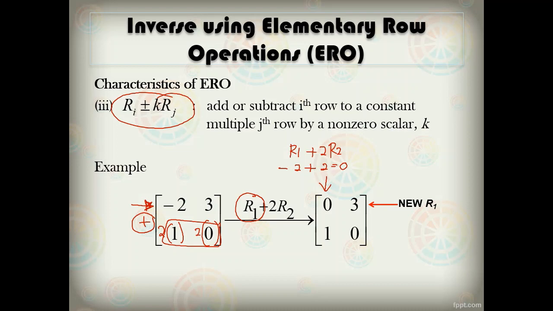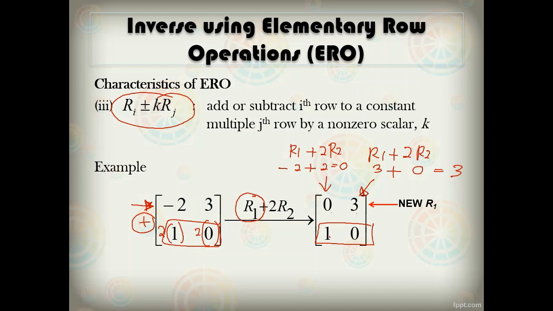This one is the product of row 1, which is 3, plus 2 of row 2, which is 2 multiplied by 0 is 0, so you get 3. So we write it as 0, 3, and row 2 remains the same. Do not change it.